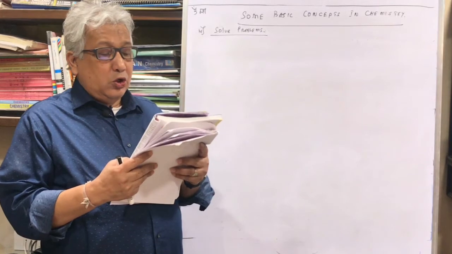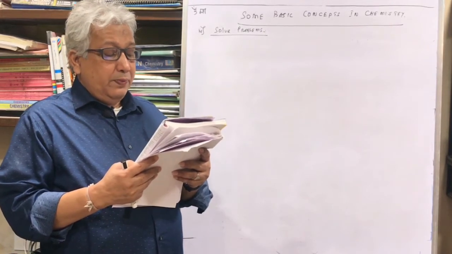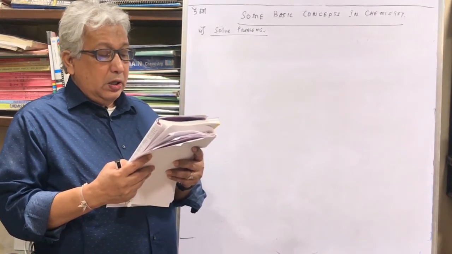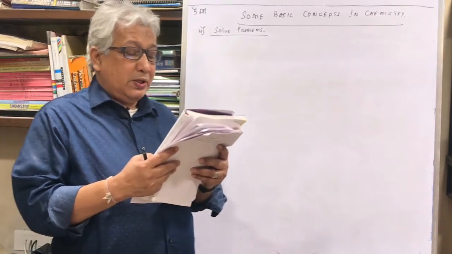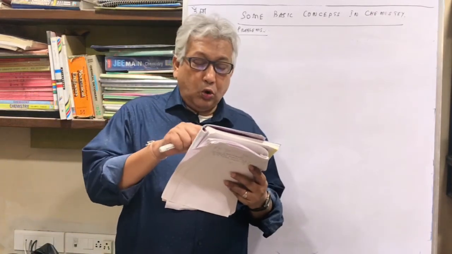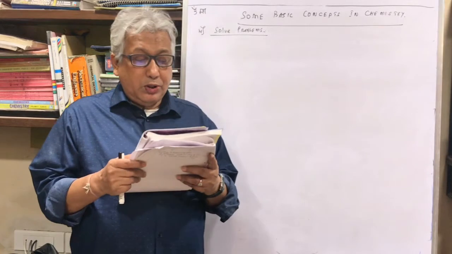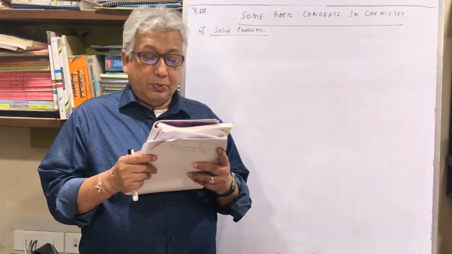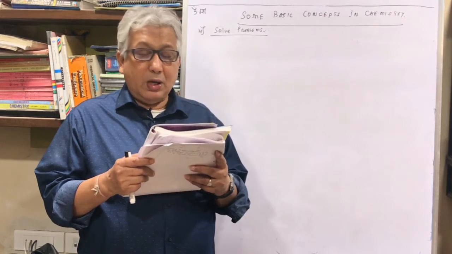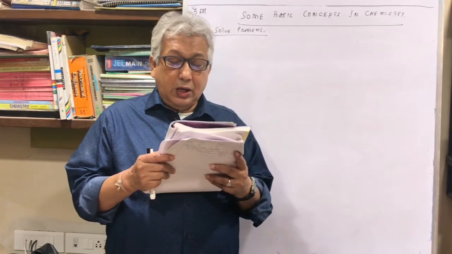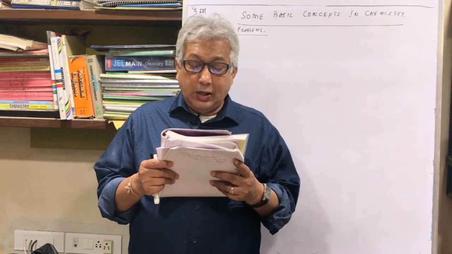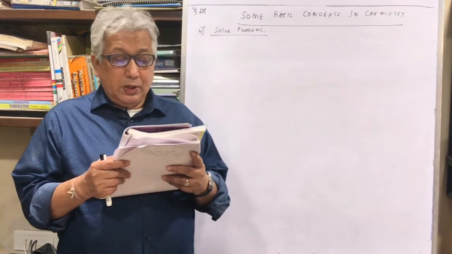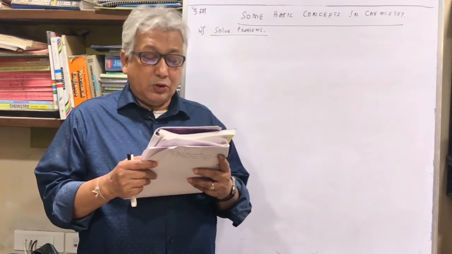The question is, the natural isotopic abundance of B is 19.60%, that is boron. Boron 10 is 19.60% and boron 11 is 80.40%. The exact isotopic masses are 10.13 and 11.009 respectively. Calculate the average atomic mass of the boron.